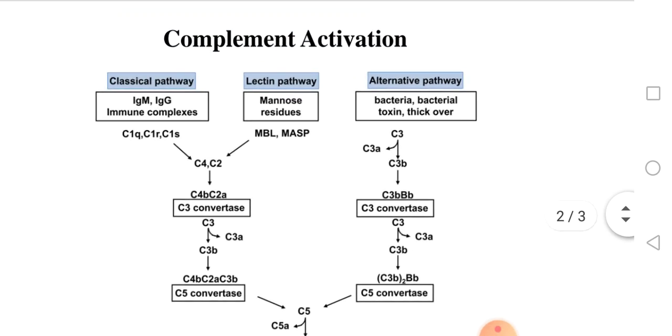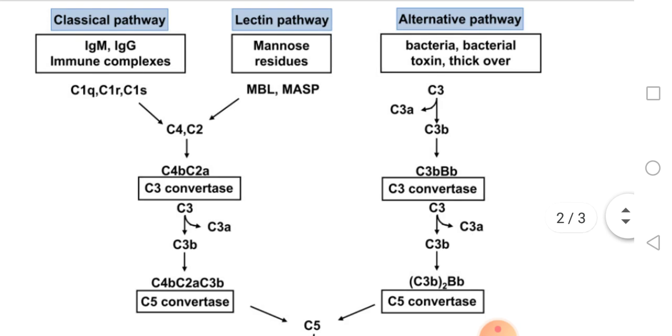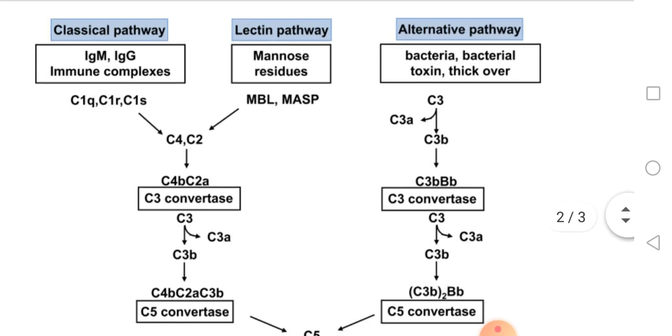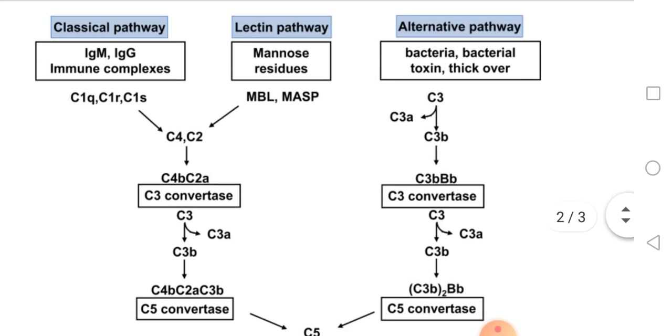Then we come to the alternative pathway. Here, the activation starts by combination of bacteria or bacterial toxins or bacterial polysaccharide with the complement protein C3.